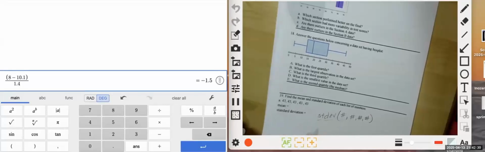Okay, so standard deviation, is it STDEV? I think it is standard deviation, and then type in your numbers with a comma between them, on the Desmos calculator to get your standard deviation.